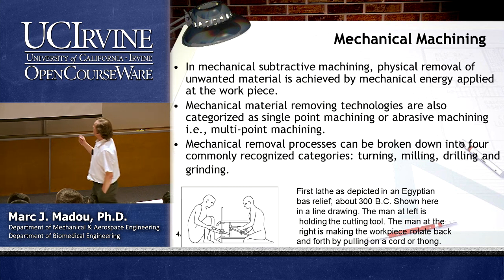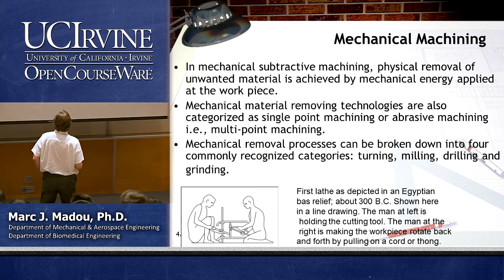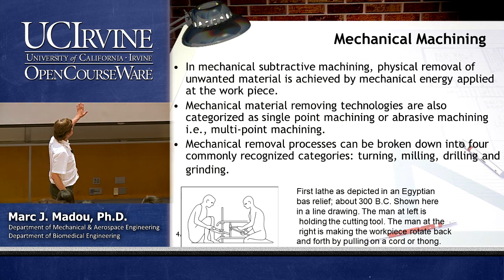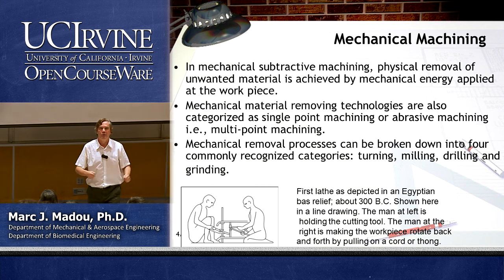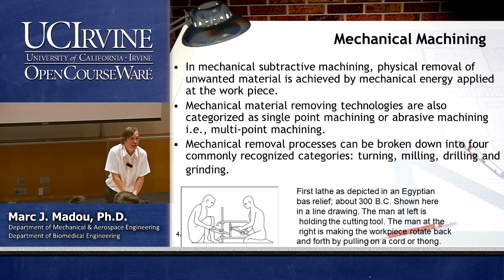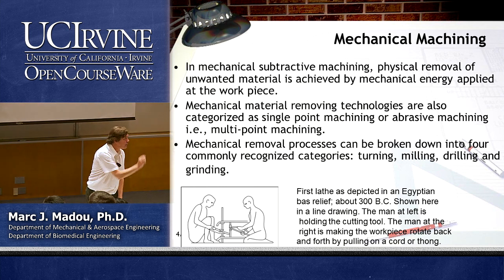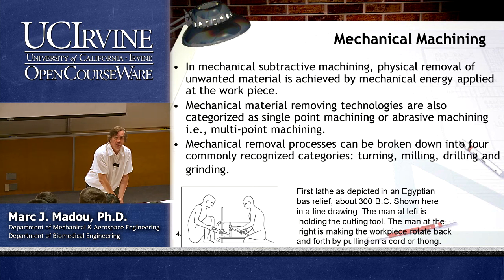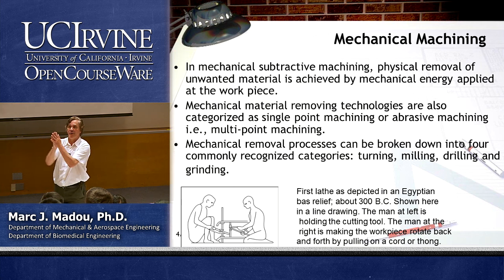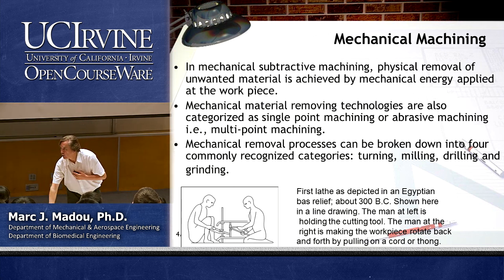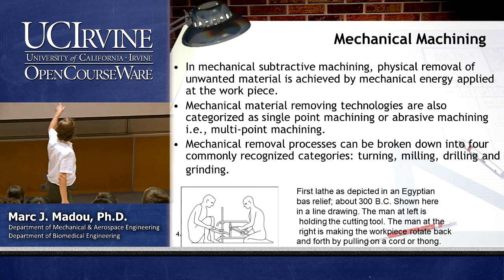Mechanical material removing technologies are also categorized as single-point machining or abrasive machining, which is multi-point machining. Case in point, you can have one sharp object, maybe a diamond tip, a single point to machine a very small groove, or you can have sandpaper with many points to polish something, right? That would be multi-point machining.